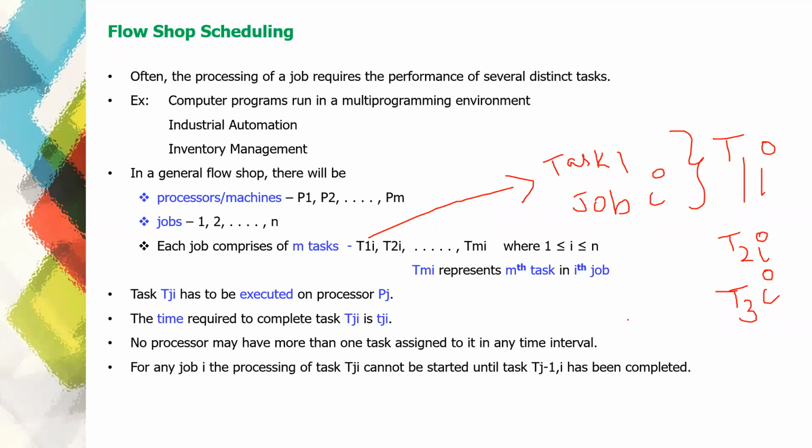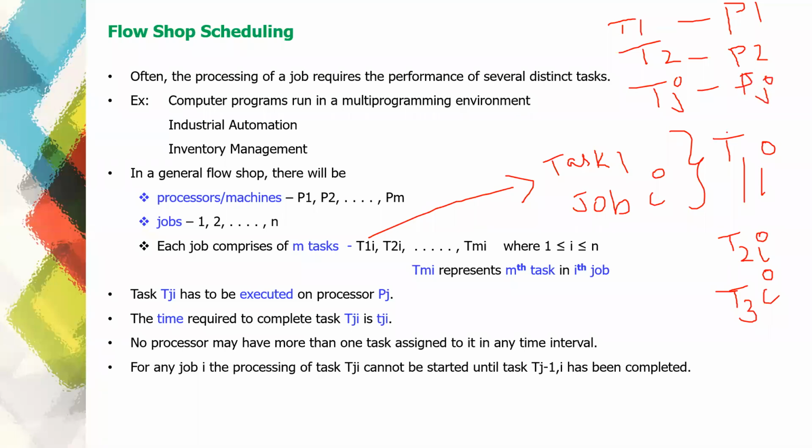Then the second rule is that task 1 has to always be executed on processor number 1. Task 2 has to be executed on processor number 2. That is, task j has to be executed on processor number j.